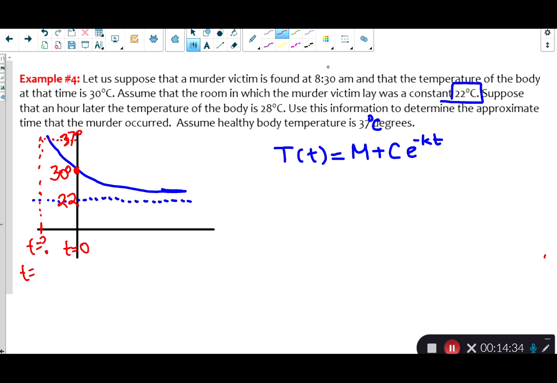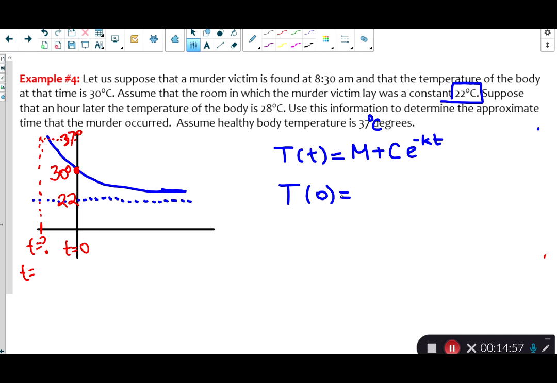Now, I'm not going to solve this entire question. I'm giving you some hints, but it's very similar to the last two problems or last example that we looked at. And in this situation, let's just write down what's given to us in terms of equations, okay? Temperature initially when the body was first found.